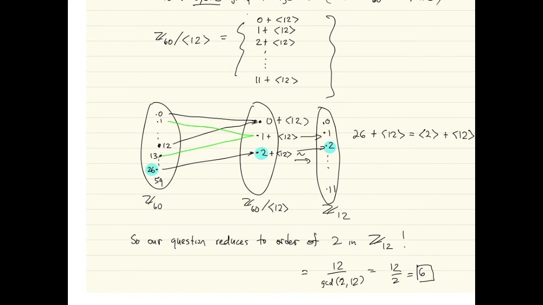The question was asking for the order of the coset 26 plus 12 in this group, which is the same as 2 mod 12. So the question reduces to finding the order of 2 in Z12, and that's the formula we had from a while back. That formula gives you 6. Again, this is much more complicated than necessary, so I may be regretting covering this, but it is what it is.